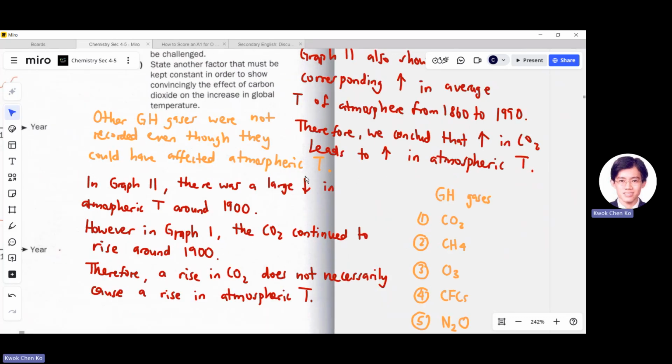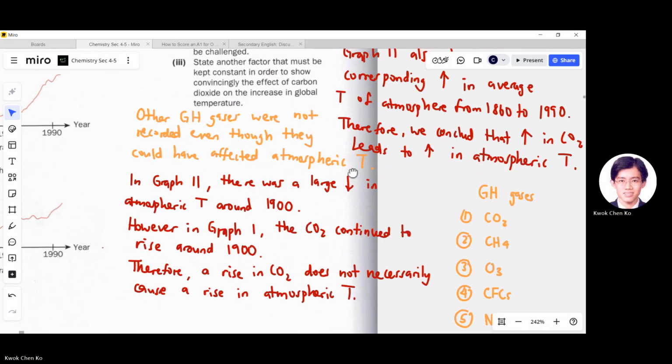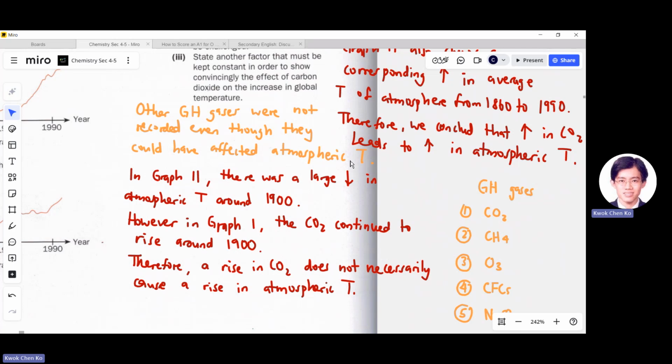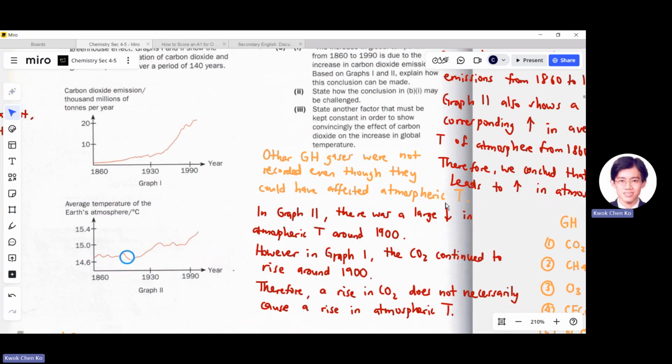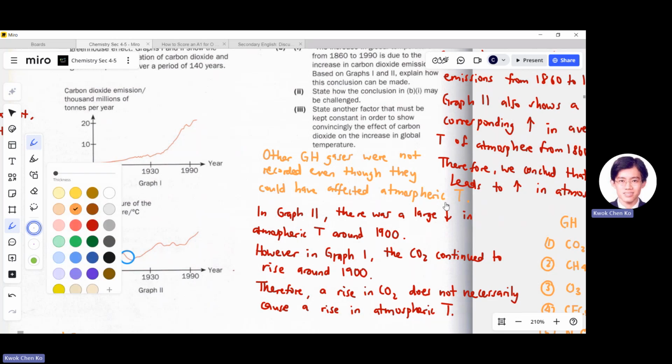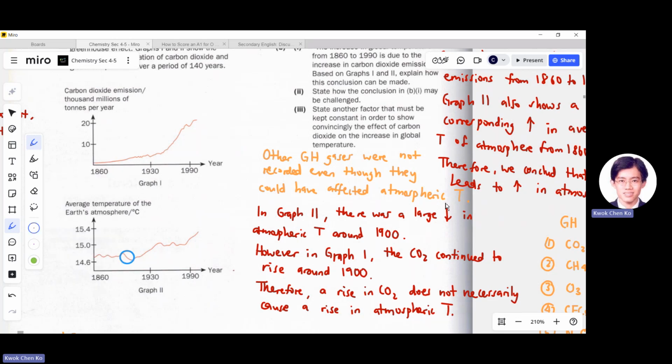Does anyone have any other answers for part 3? No? I'll just give you one more. If you want, you can remember that. If not, then never mind. Obviously the temperature on Earth and in the atmosphere depends on solar radiation, and solar radiation is not constant, right?